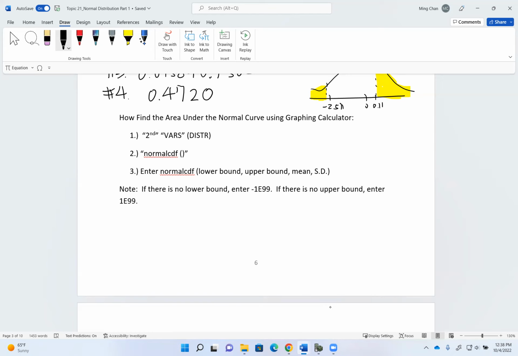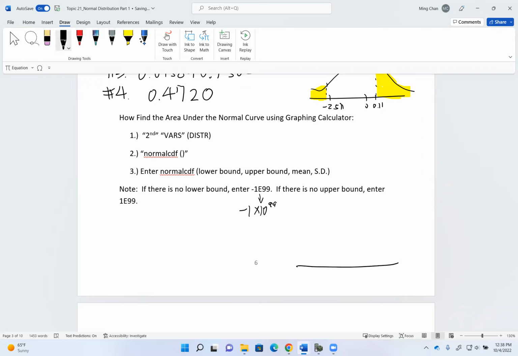Okay, so just gotta remember this a little bit. If there is no lower bound, enter negative 1E99. E stands for times 10. So this is negative 1 times 10 to the 99 power, which is basically equivalent of saying negative infinity.